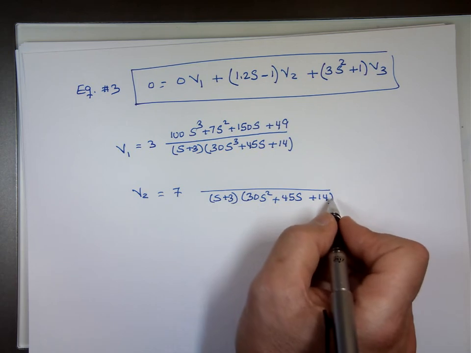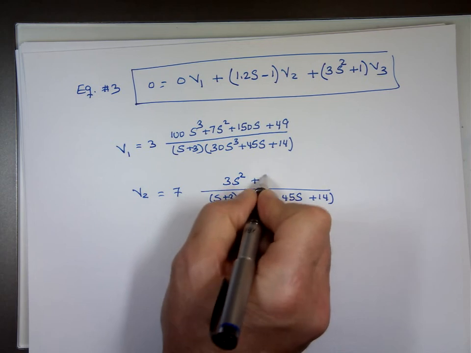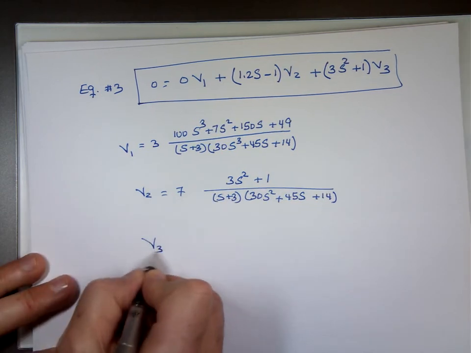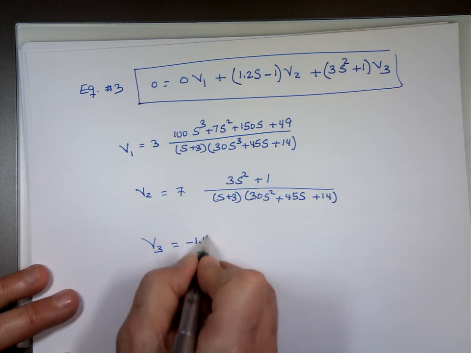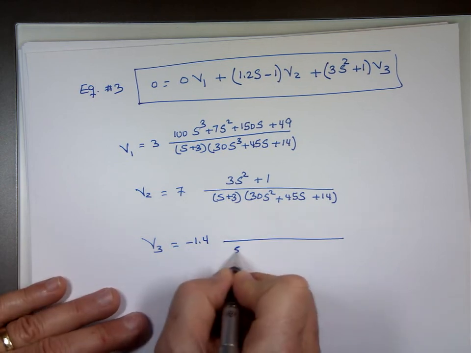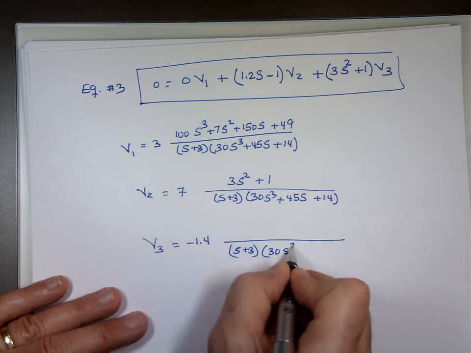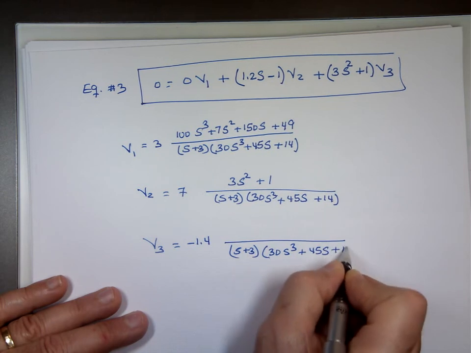If you don't switch to exact, you get fractions in S squared plus something. V3 negative 1.4. Not good. Again, double check these on your calculator.